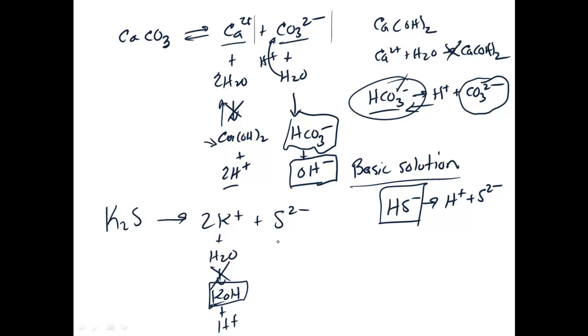So yes, the sulfide ion will react with water and form the hydrogen sulfide ion plus the hydroxide ion. So it took a hydrogen ion. Hydrogen ion leaves the water, attaches itself to the sulfur. We get this ion. And we generate the hydroxide ion, so this is a basic solution. Again, basic solution.